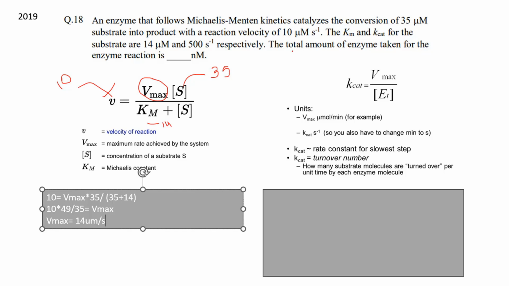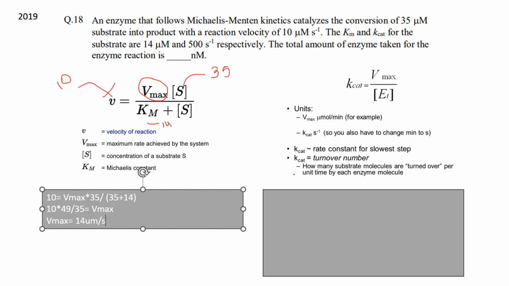Now what we have to calculate is the total amount of enzyme taken for the reaction. This can be calculated by using Kcat, which is given by Vmax divided by the total enzyme concentration. Vmax we have calculated from this equation. Kcat is given in the question, that is 500 per second.